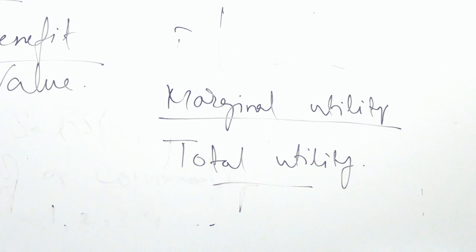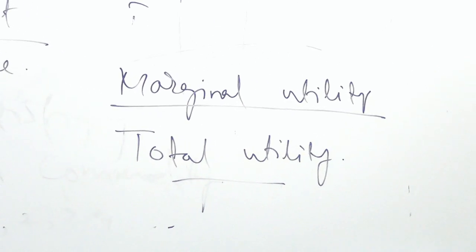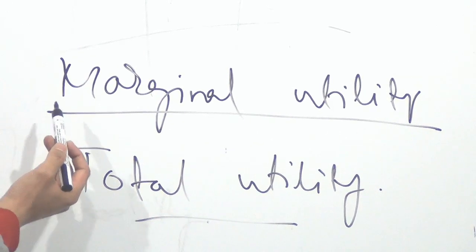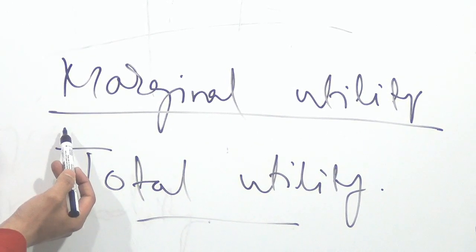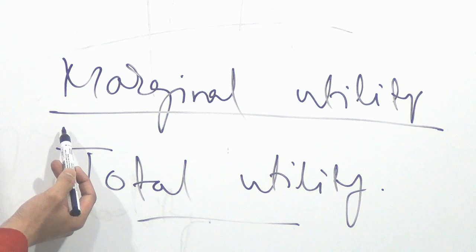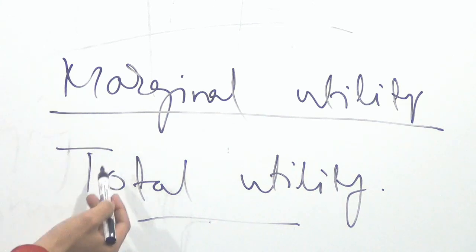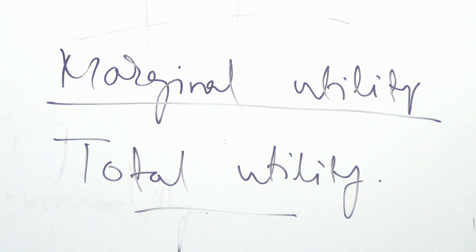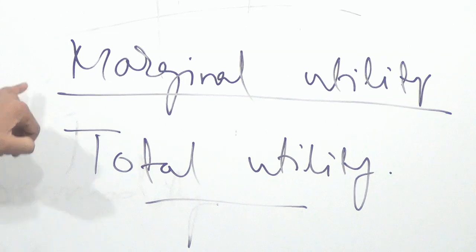So, what is marginal utility all about? Marginal utility is the utility gained after consuming each and every successive unit. A single unit, what utility it imparts, how it satisfies, comes under the marginal.